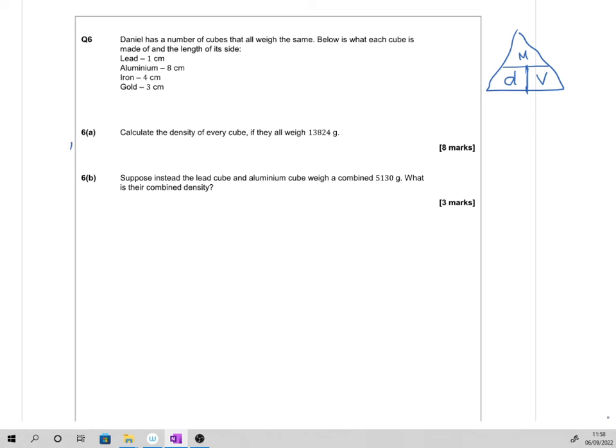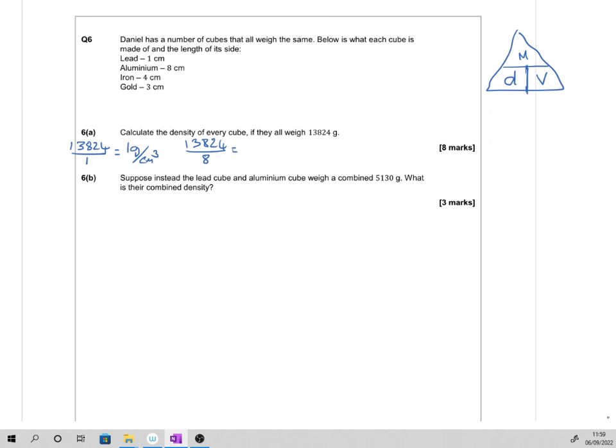The first one, 13824 divided by 1 equals 13824 grams per centimeter cubed. The second one is 13824 divided by 8.